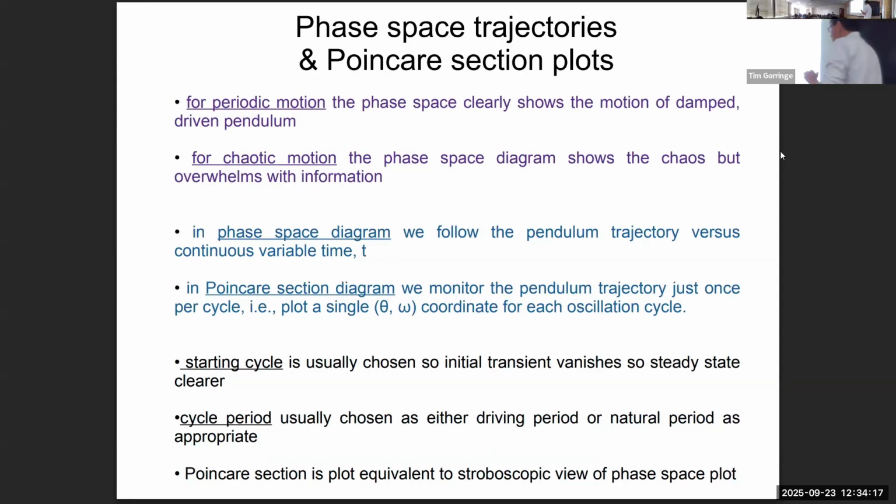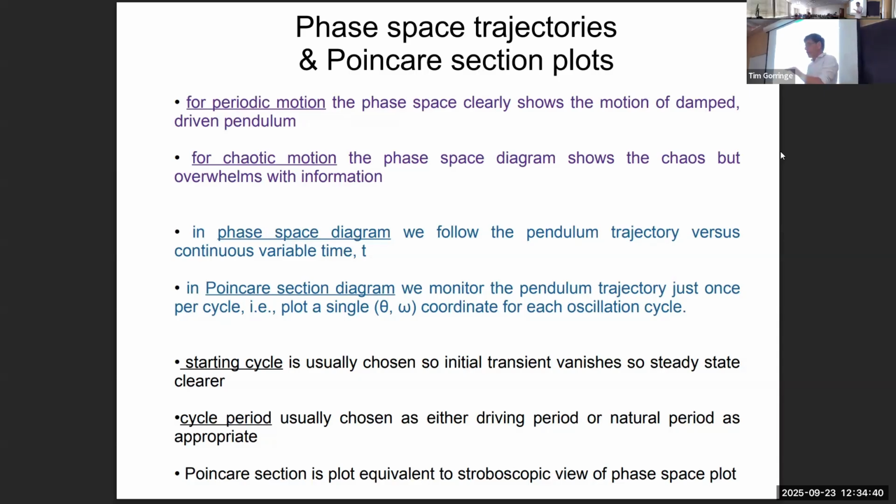This slide just introduces the Poincare section plot and its relation to the phase space diagram we discussed last time. The phase space diagram very clearly shows the motion of the pendulum.